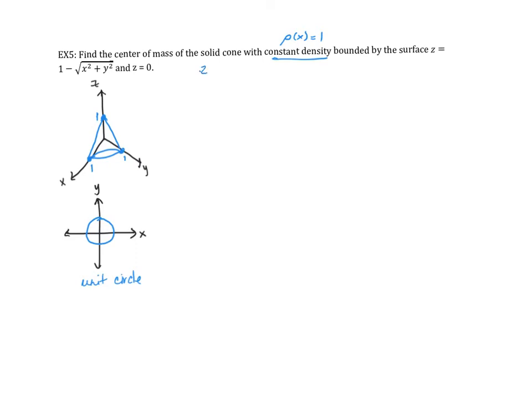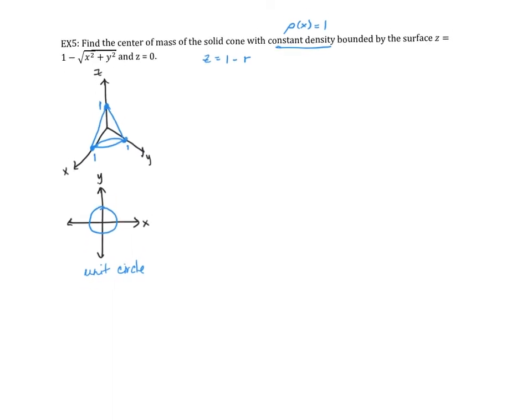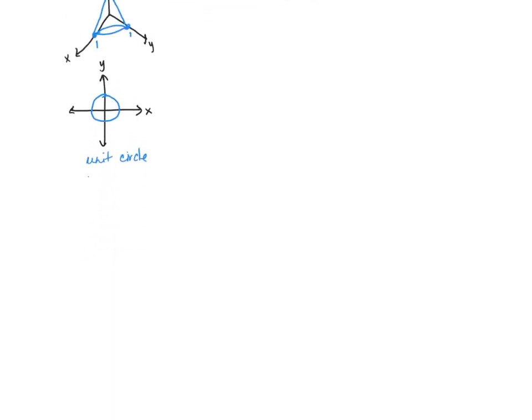So my z is 1 minus the square root of r squared, which just becomes 1 minus r. Now the base, that unit circle, implies that my theta values are going to go from 0 to 2 pi. I'm going to go all the way around. And since it's a radius of 1, my r values are going to go from 0 to 1.